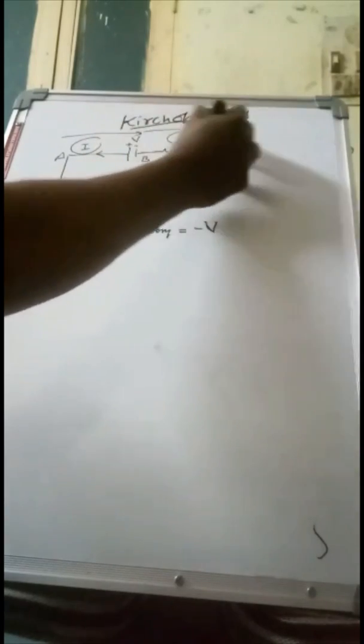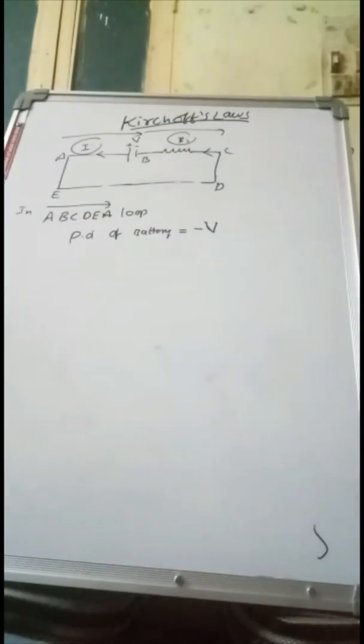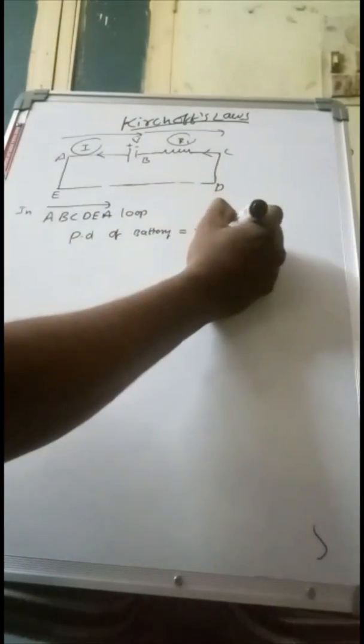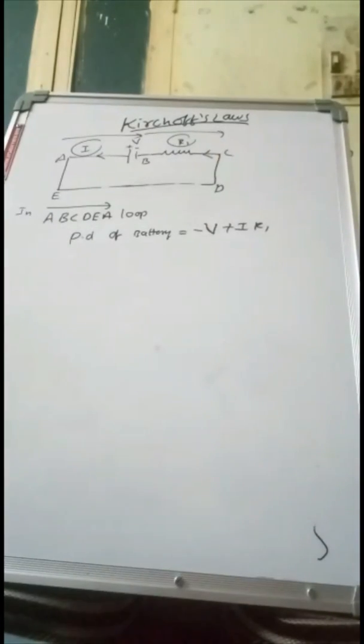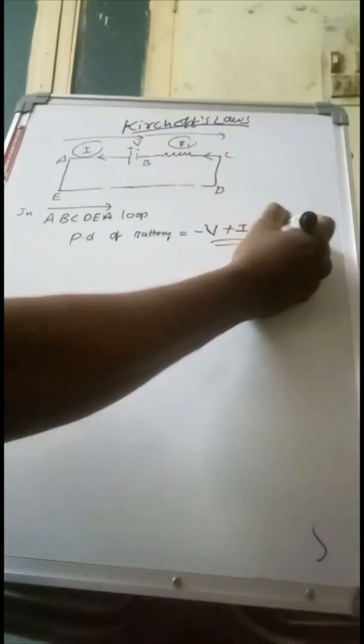The loop direction is from B to C like this, and the current direction is opposite, so we take it as positive, plus IR1. From C to D we have nothing, D to E is nothing, and E to A is also nothing. So this is the final answer, equal to 0.